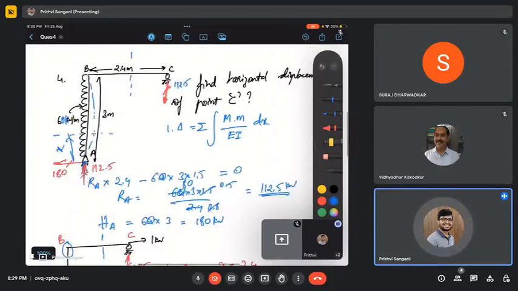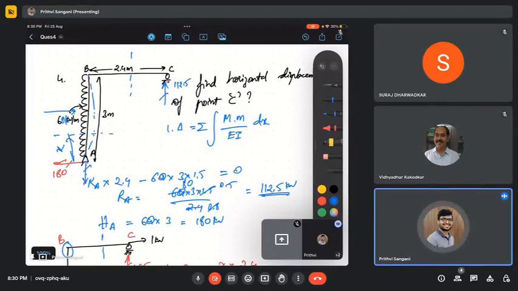In this equation, this should not be towards up, because this is going to rotate in this direction, so this has to be upwards. If this is upwards, then this should be downwards.